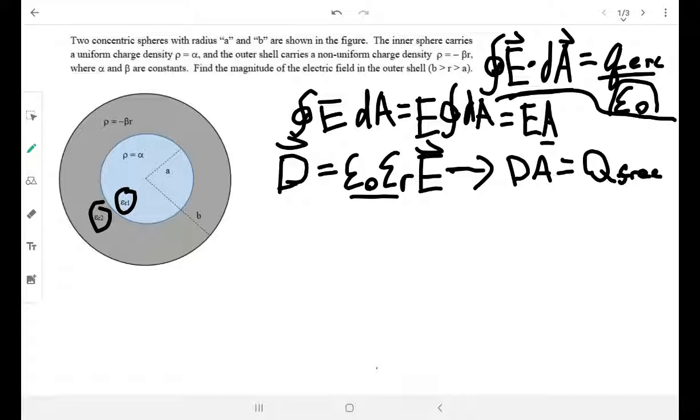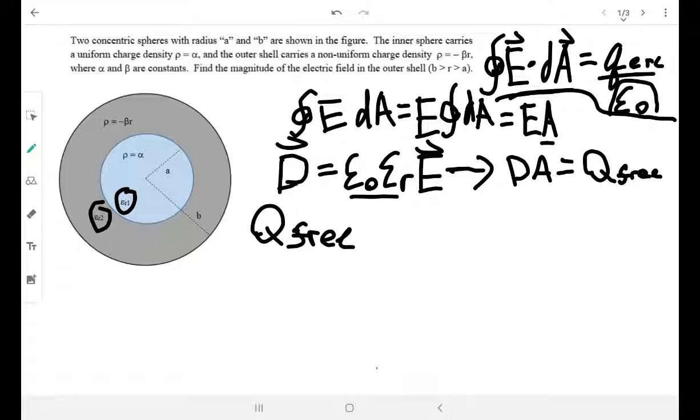And my Q free is similar to Q enclosed, but they're not the same thing. We can find Q free in the same way that you would find the mass of an object given its density, because if you know the density, you can multiply it by its volume and it'll tell you what its mass is.